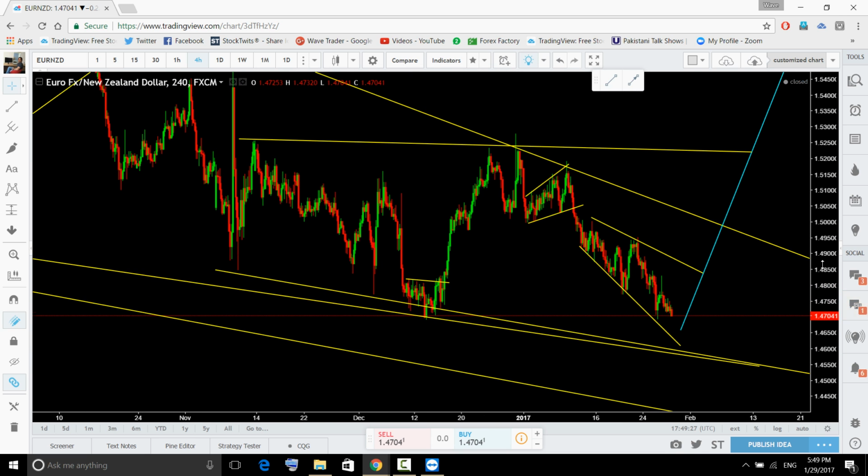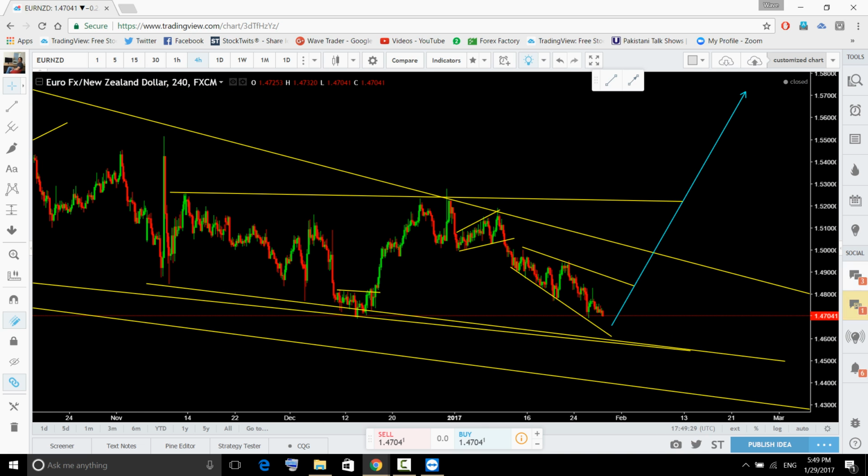Now how can you deal with this pair? Look for a buy here at the bottom, use a stop loss just outside the structure, and buy based on lower time frame or price action, something like the previous one. You're going to get some indication on your lower time frame whether it is going to reverse or not.